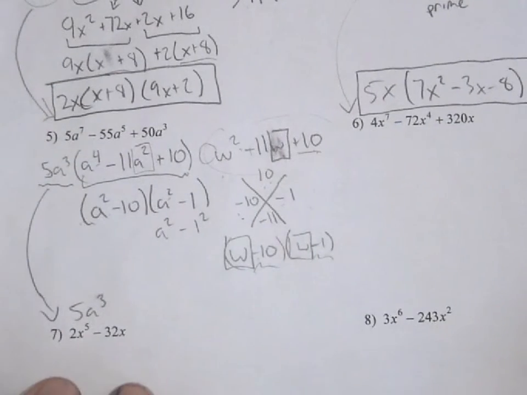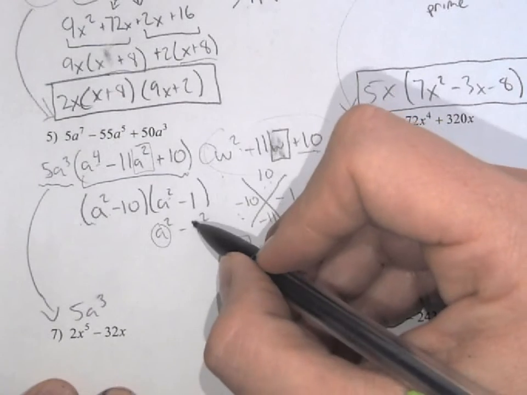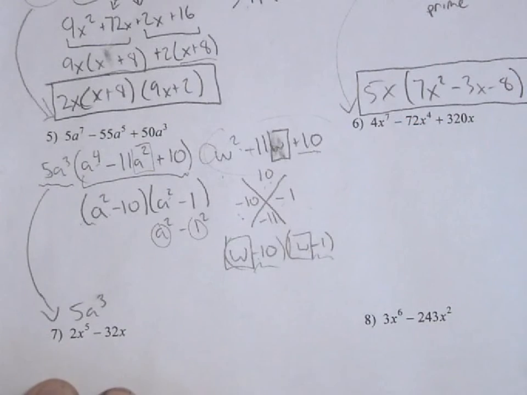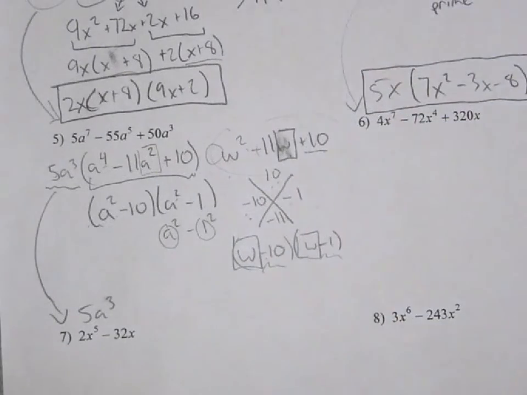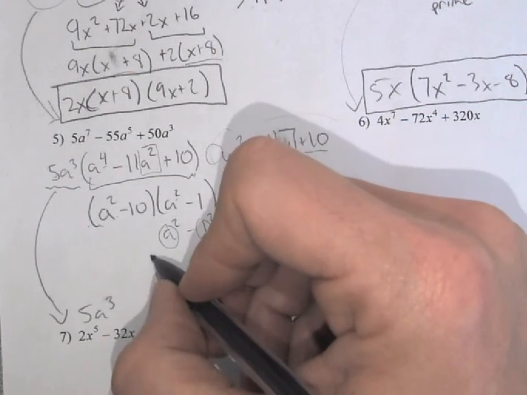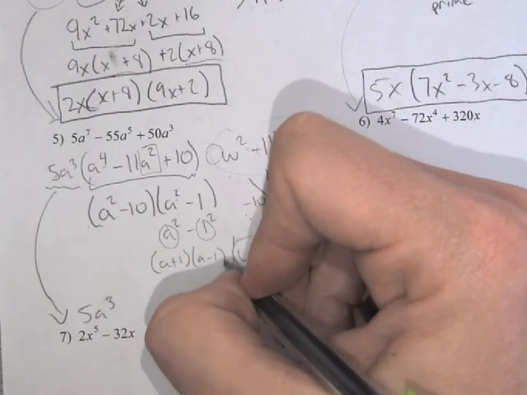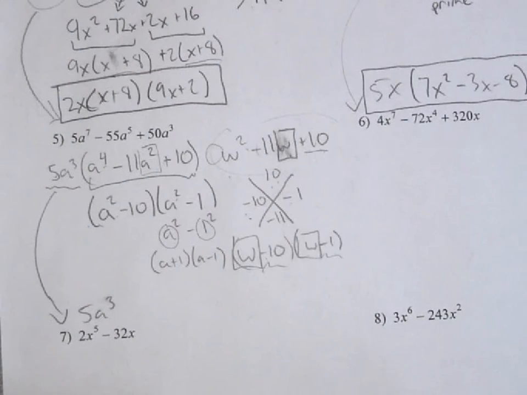So in this case, my a is actually a, and my b is 1. So this guy's actually going to factor to a plus 1, a minus 1, a conjugate pair.